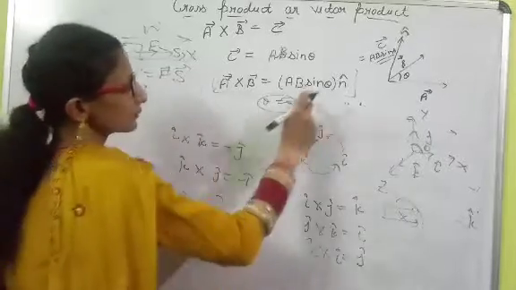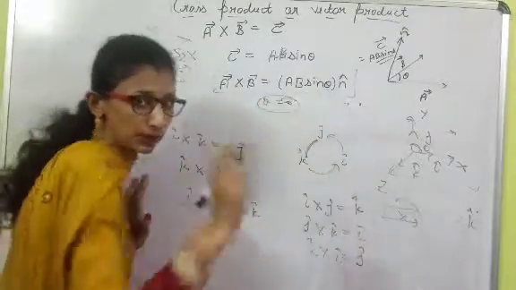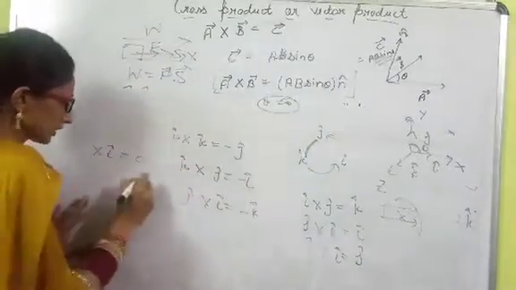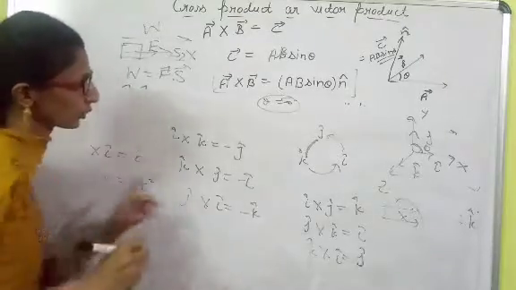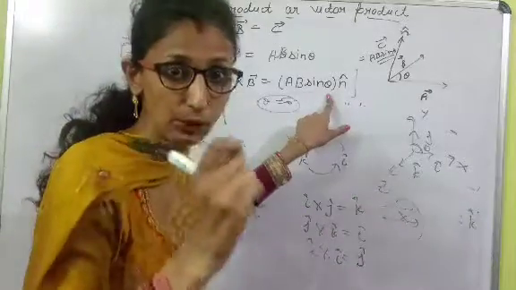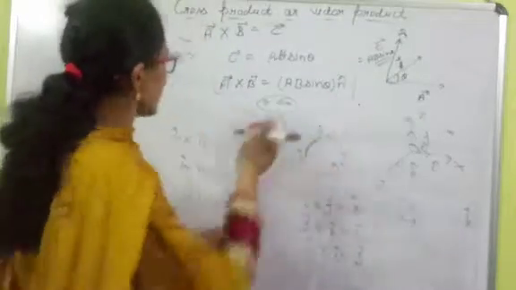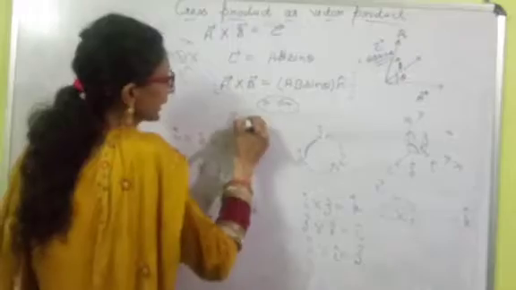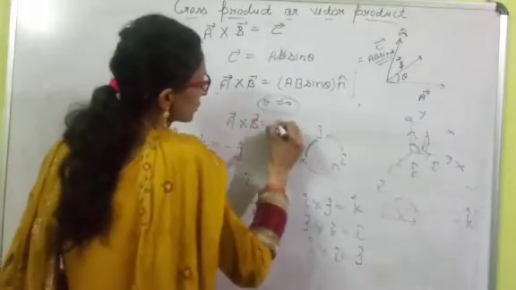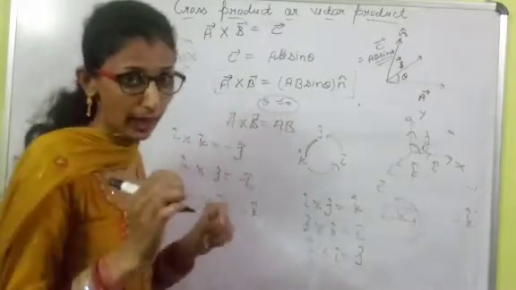Clear? If we put theta equal to 90 degrees, meaning perpendicular, we know that sin 90 has the maximum value, equal to 1. So we can write A cross B is equal to AB sin 90, which has value 1.